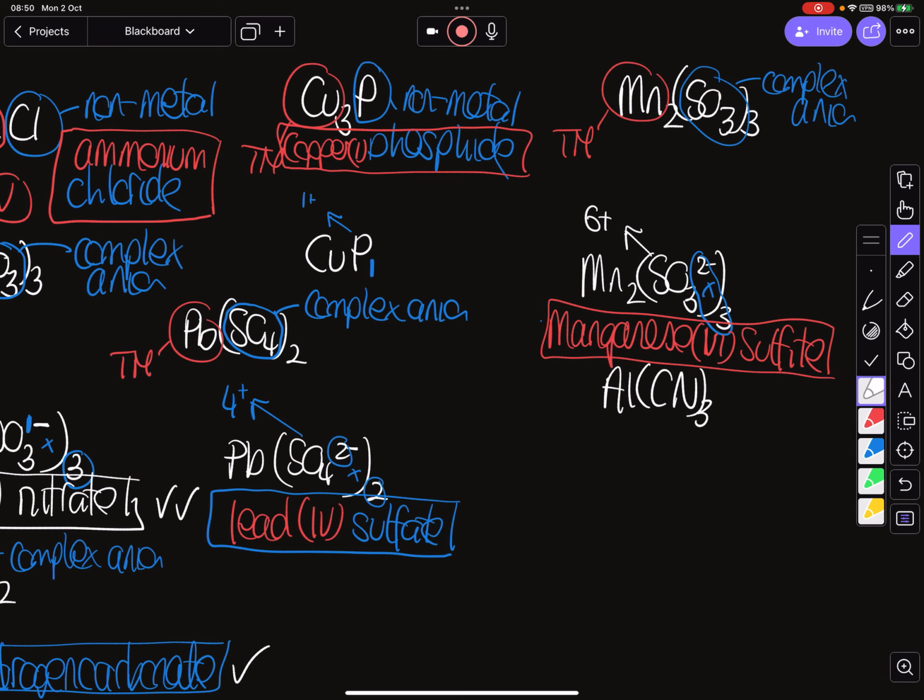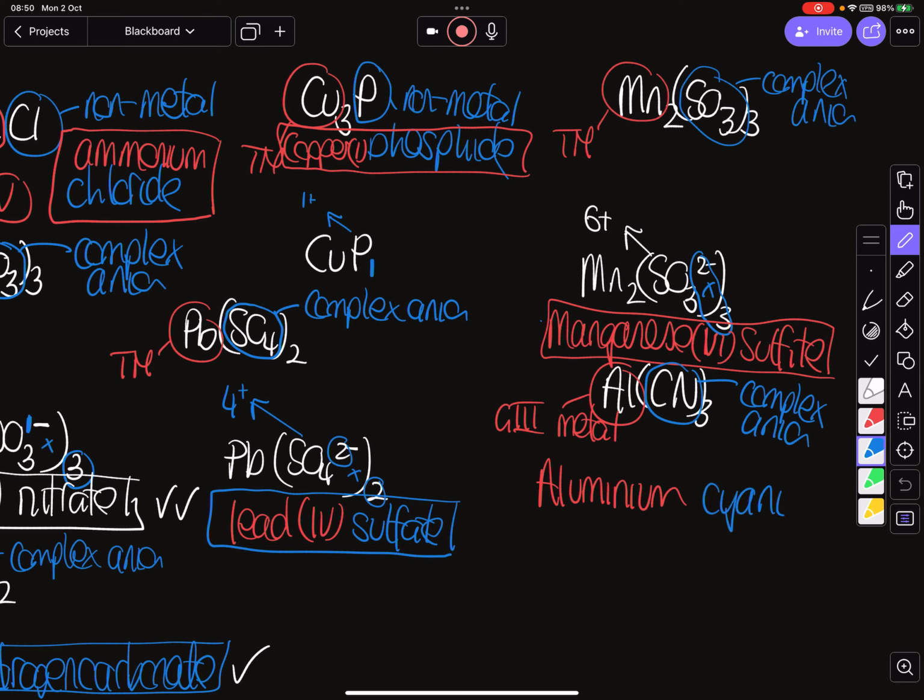Our last one at the bottom, Al, is just a group 3 metal, so the name stays the same, no variable valency, no complex cation, so it's just going to be aluminium. Here we know if it's in a bracket, it is a complex anion. This is cyanide, so this is all we would write, aluminium cyanide.